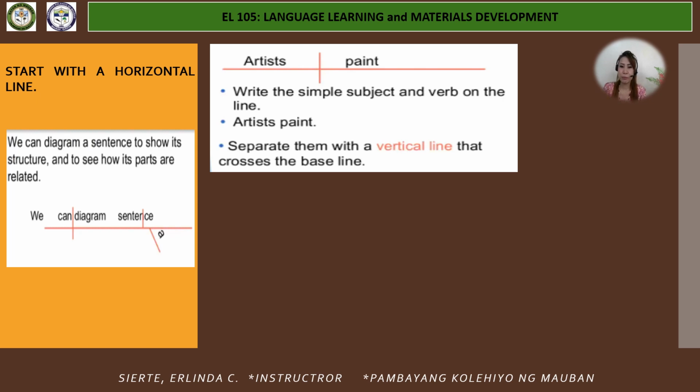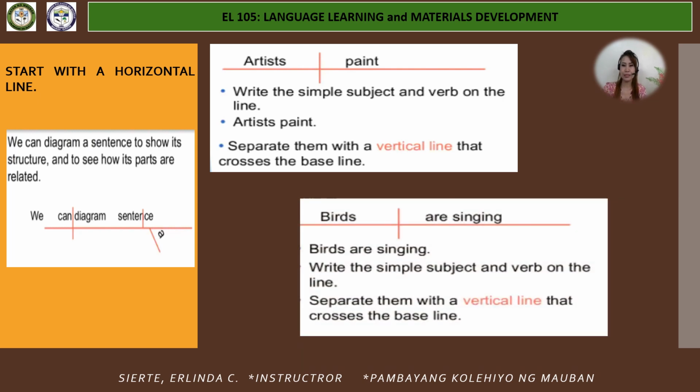You are going to separate them with a vertical line that crosses the base line. The next one, birds are singing. Again, you're going to identify where the subject is and where the verb is. Write the simple subject and verb on the line. Separate them with a vertical line that crosses the baseline.